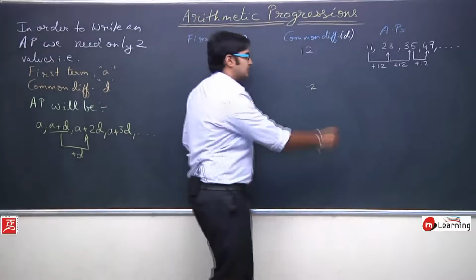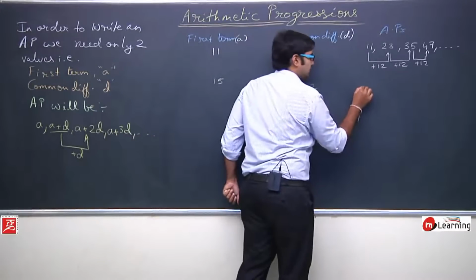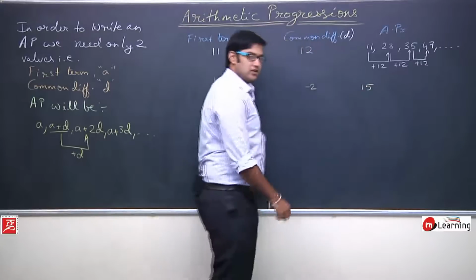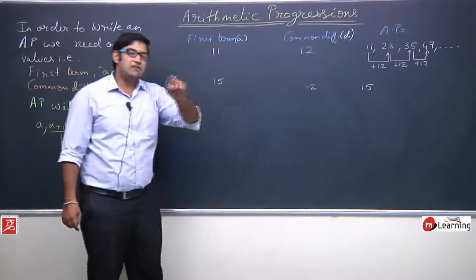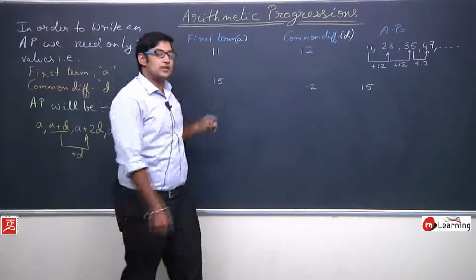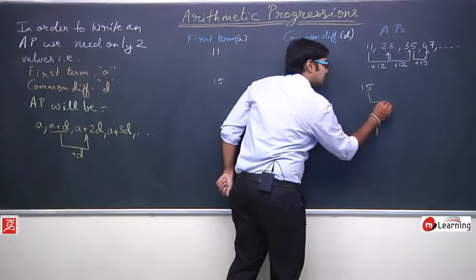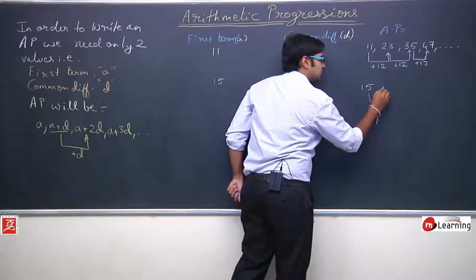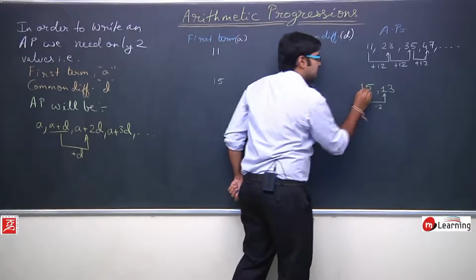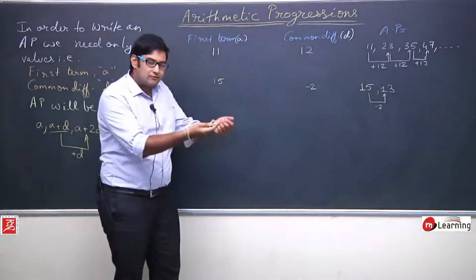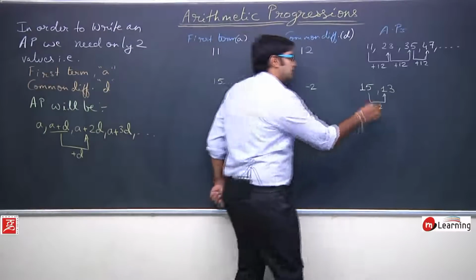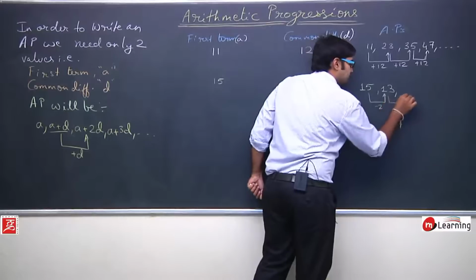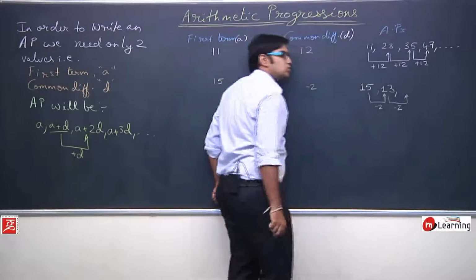So the first term of this arithmetic progression will be 15. Then what about the second term? I will add this common difference to 15. So if I add minus 2 to this 15, it will become 13 because it is minus 2, so it will get subtracted from 15. Then what about the third term? You will again add minus 2.